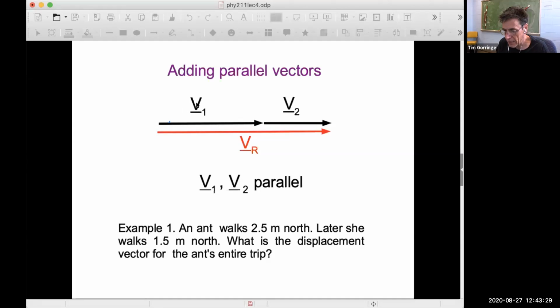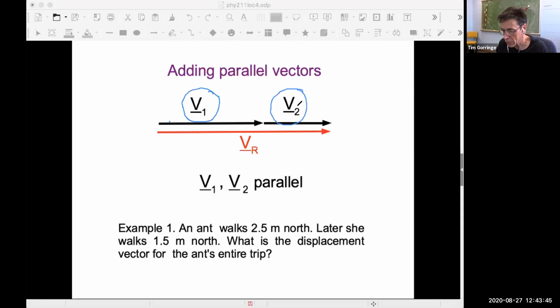So upstairs here, I'm picturing the addition of two vectors. There's the first vector, which I labeled with subscript 1. The second vector, I labeled with subscript 2. And I'm interested in the addition of these two vectors to make a resulting vector. That's why I labeled it with R for resulting.